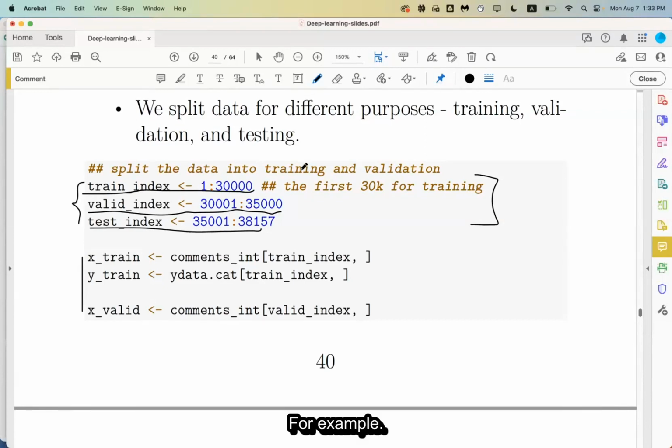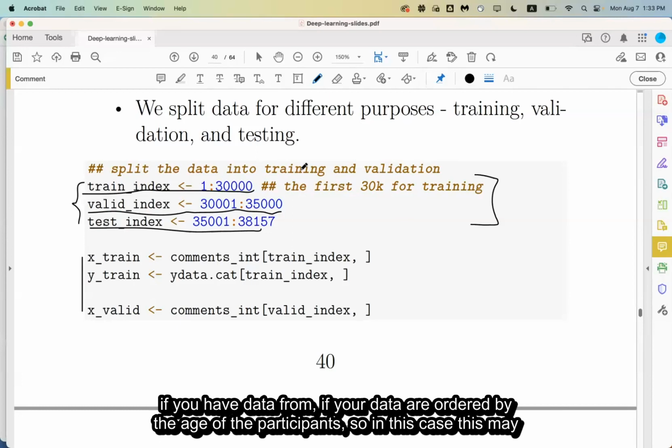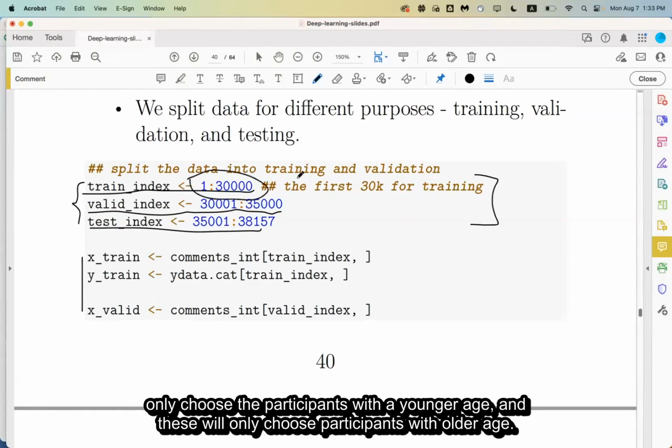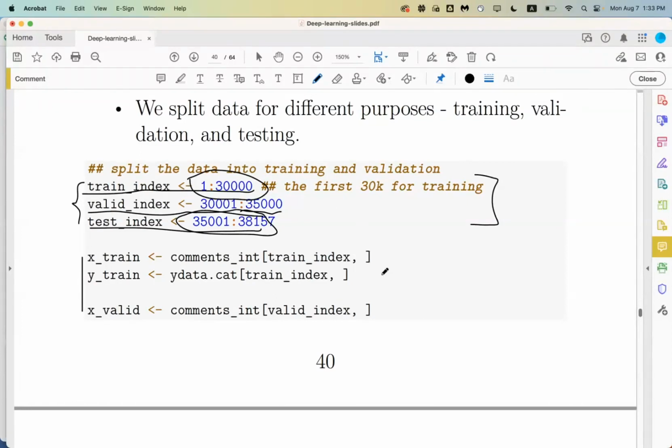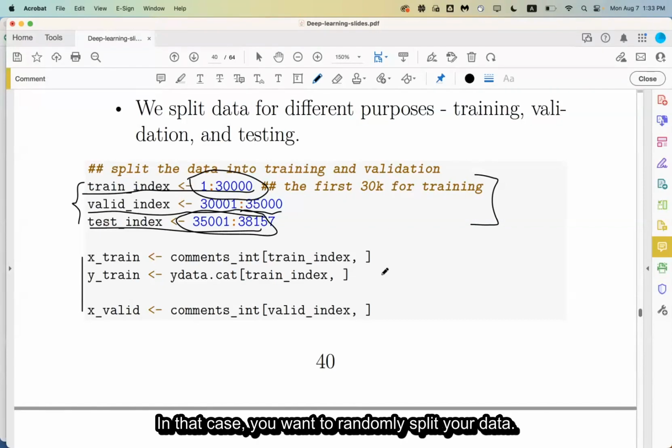For example, if your data are ordered by the age of the participants, this may only choose the participants with a younger age, and this will only choose participants with older age. So in this situation, this splitting method may not be good. In that case, you want to randomly split your data.